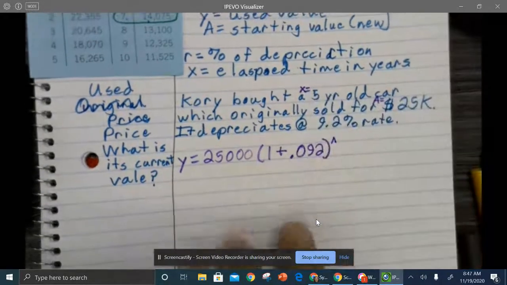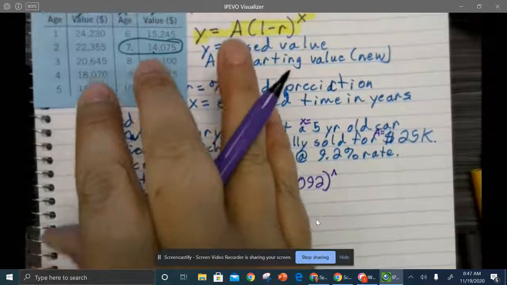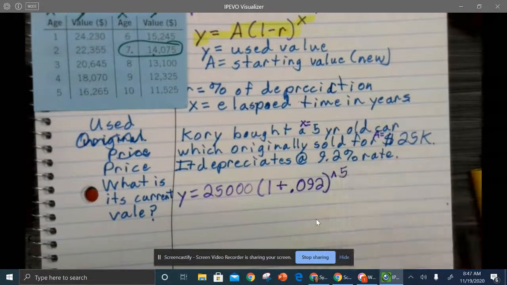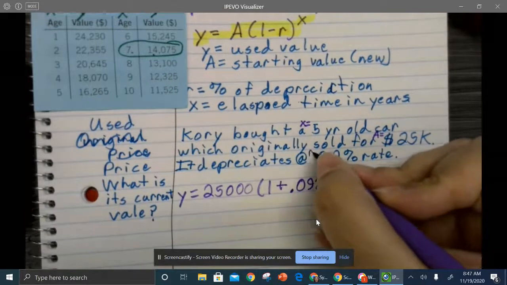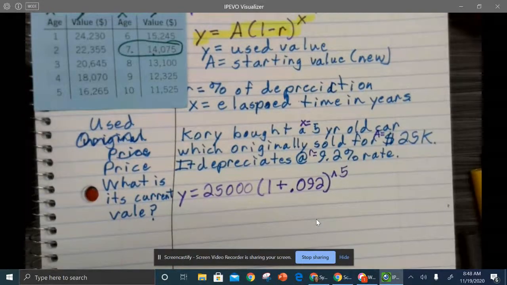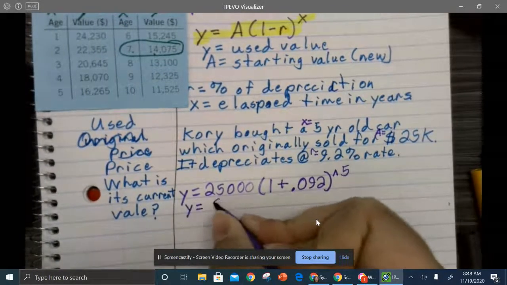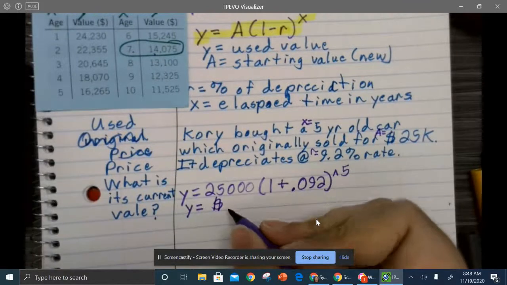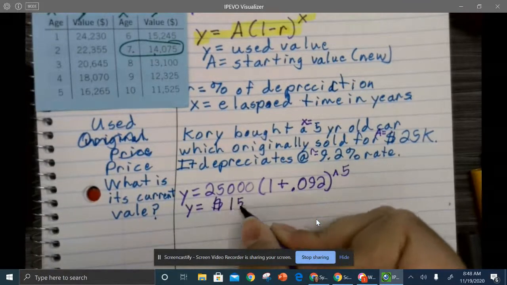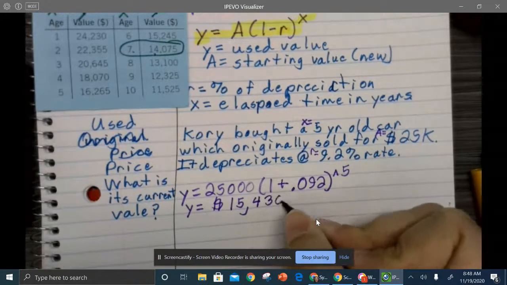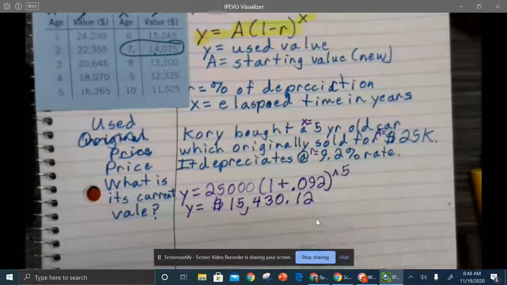Remember, x is the age or the time. Okay, so we're going to plug that in the calculator. So y is equal to, so the car depreciated to a value of $15,430.12.